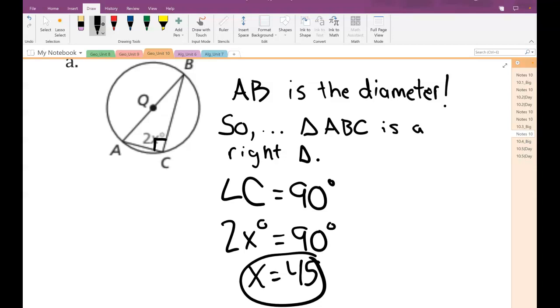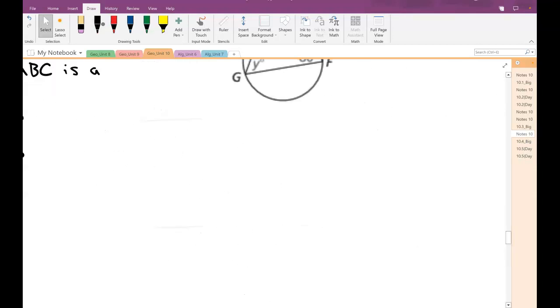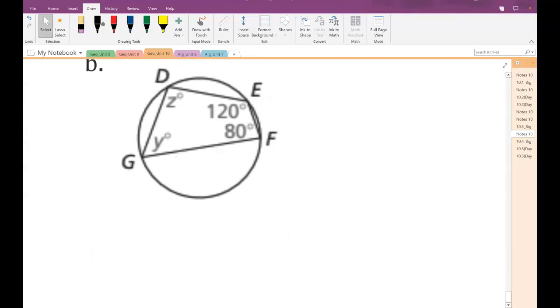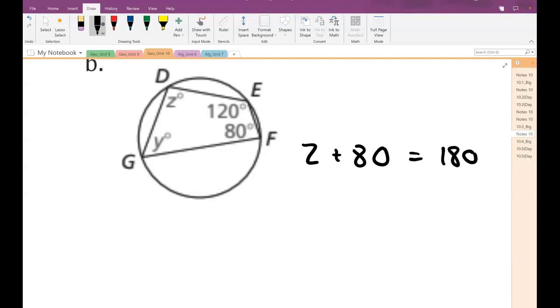The next example, we're dealing with polygons, specifically a quadrilateral, where opposite angles have to be supplementary. So D and F are opposite angles, so Z plus 80 has to equal 180 because they're supplementary.